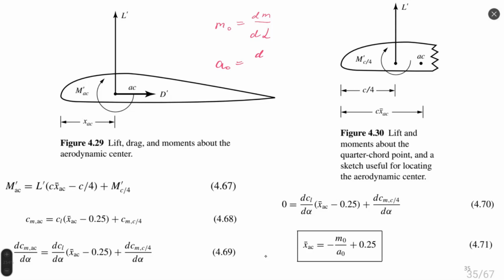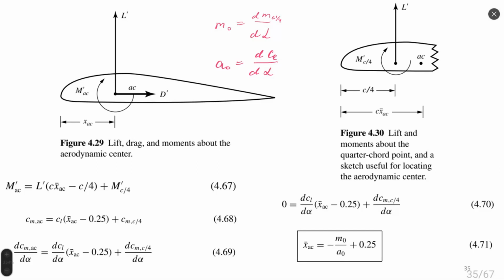A0 is CL divided by alpha. At 1/4 chord, this moment is calculated. When we know these slopes of moment and the angle of attack, the aerodynamic center can be calculated according to equation 71, as Anderson shows to us.